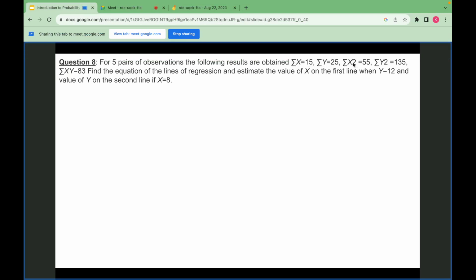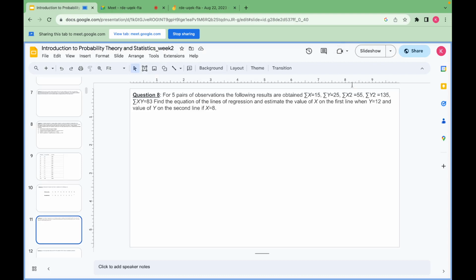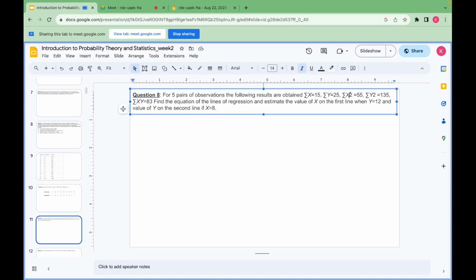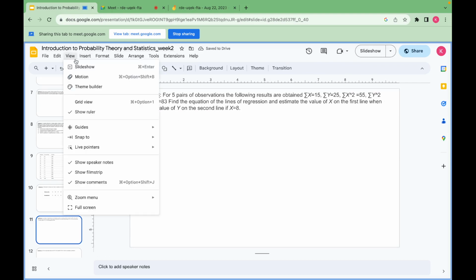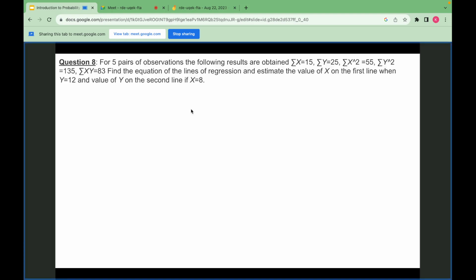This is sigma x square, and this is sigma y square. All the values are given to us: sigma x square, sigma y square, sigma xy.